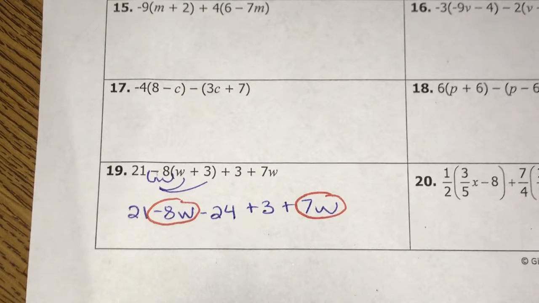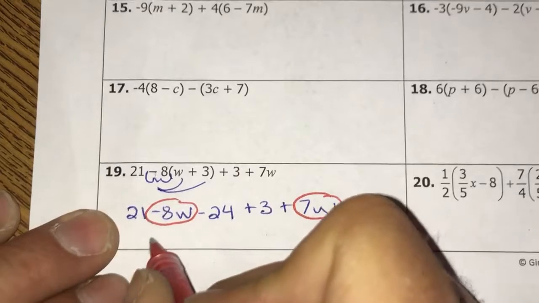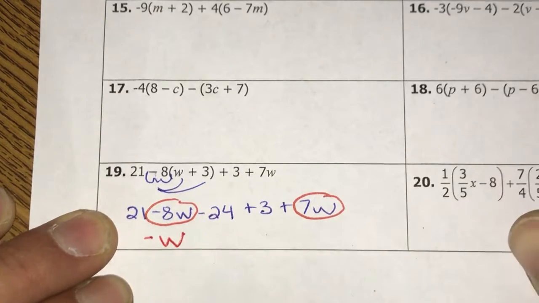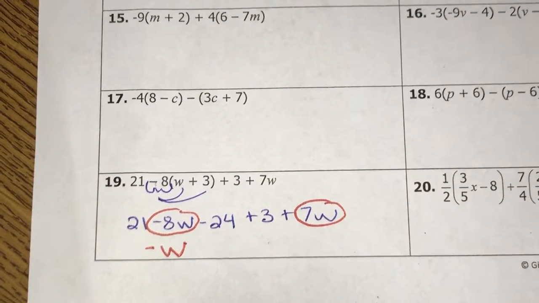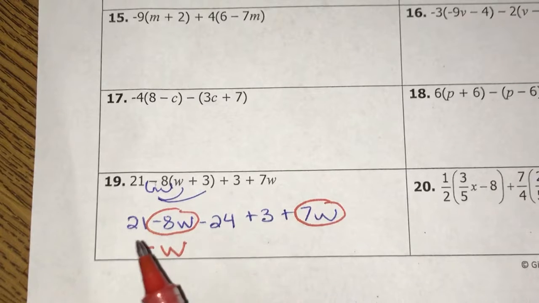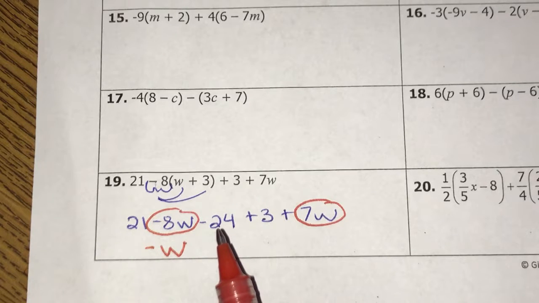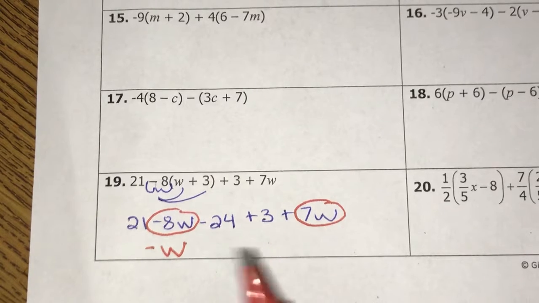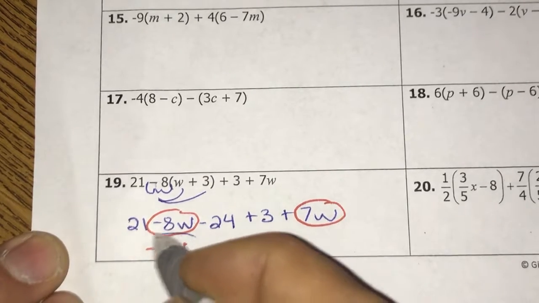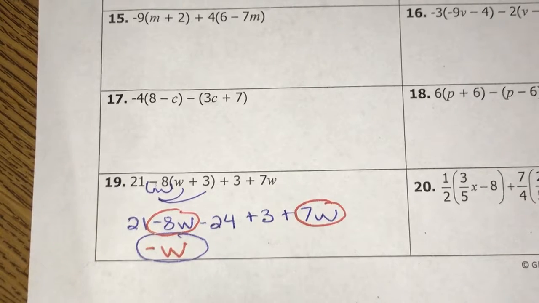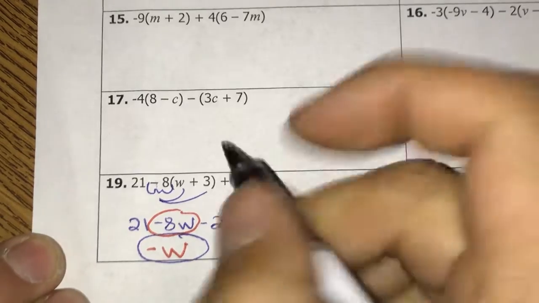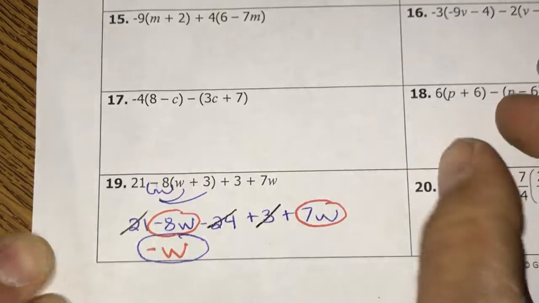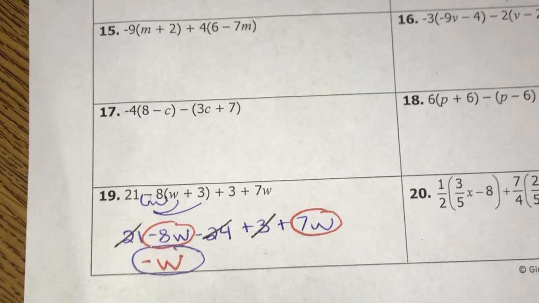So a negative 8 and a positive 7 gives me negative w. A 21 and a negative 24, negative 3, plus 3 is 0. So we are all good right there. And that is because these things cancel each other out. Okay?